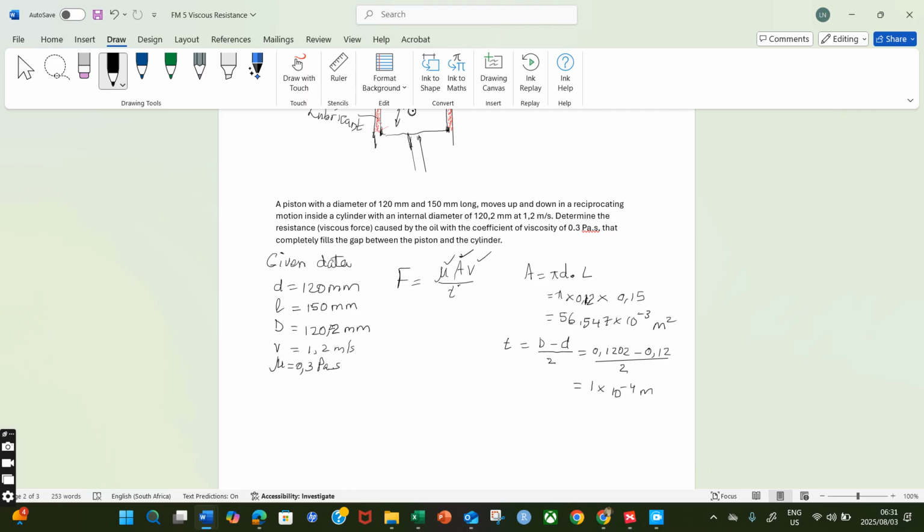This is our T. So now that we have all the information required to calculate the viscous resistance, or the viscous force, we substitute.